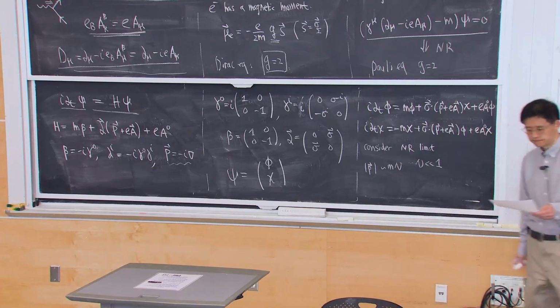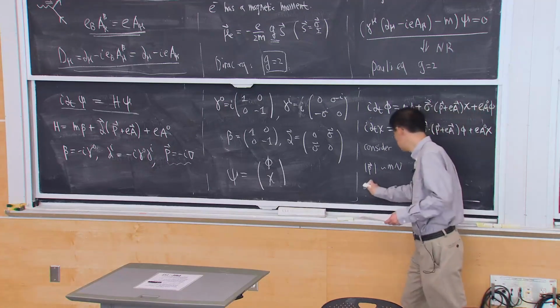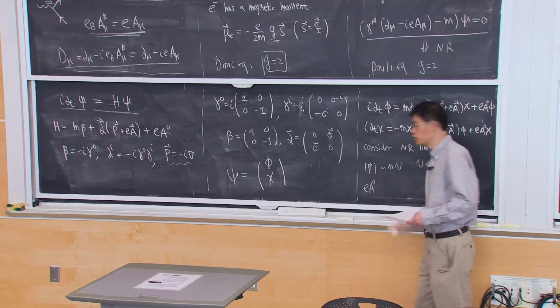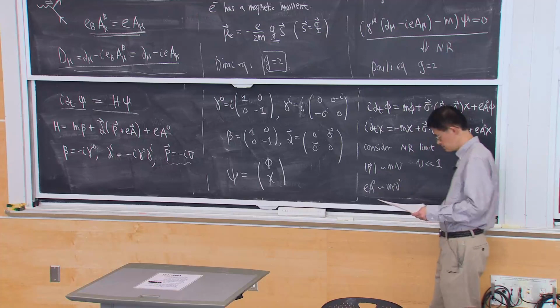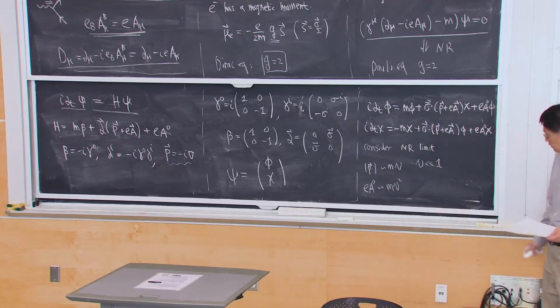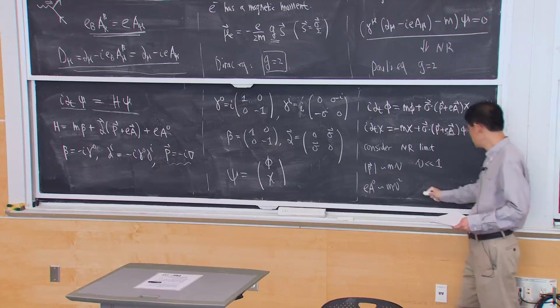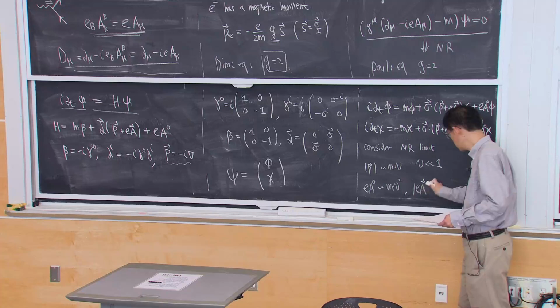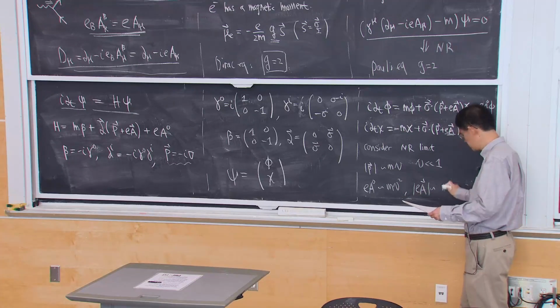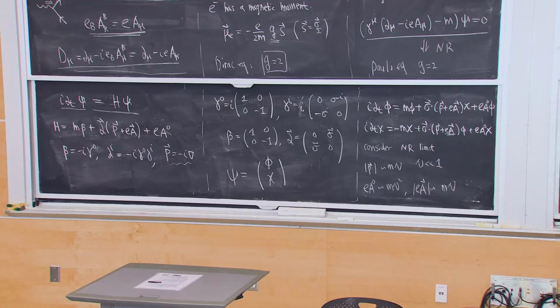And this eA0, which has units of energy, should be of order mv squared. And this eA should be of the same order as p, and so eA should also be of the same order as mv.